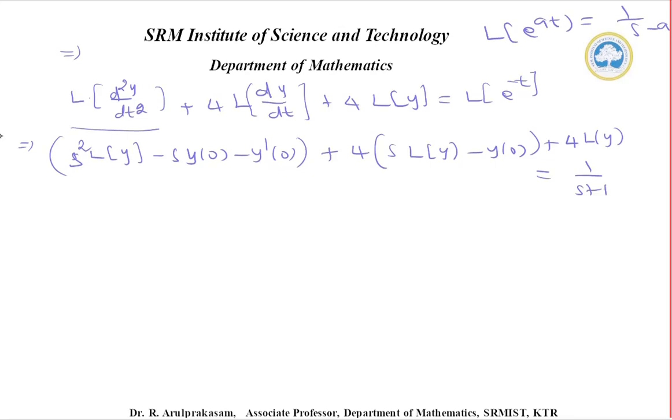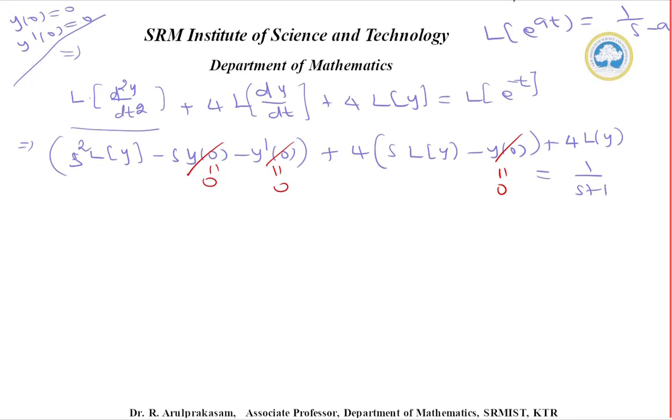Now the initial conditions are also given. What are they? y(0) = 0 and y'(0) = 0. Whenever we have y(0), I substitute 0, and for y'(0) I substitute 0.